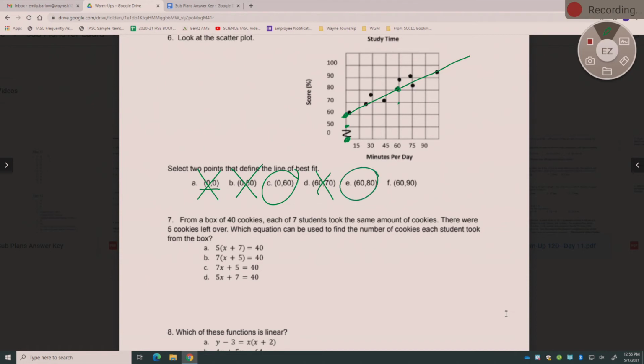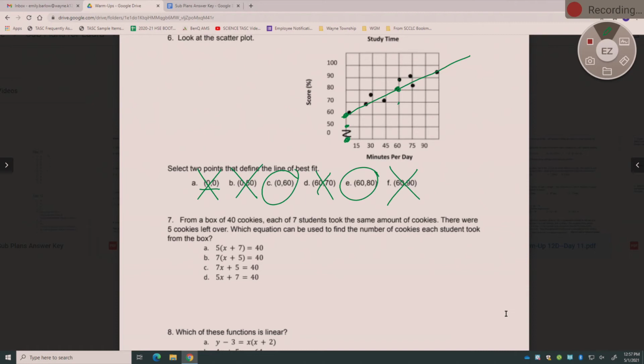And 60, 90, even though it's a point, it's not a point on my line of best fit. And so the only 2 points that define my line of best fit are 0, 60 and 60, 80.